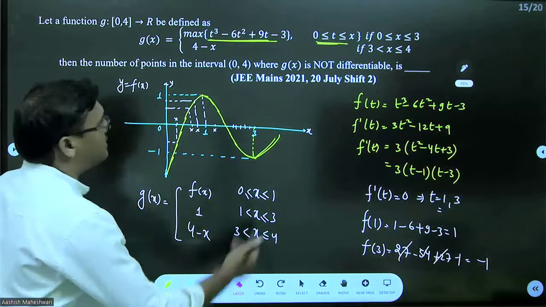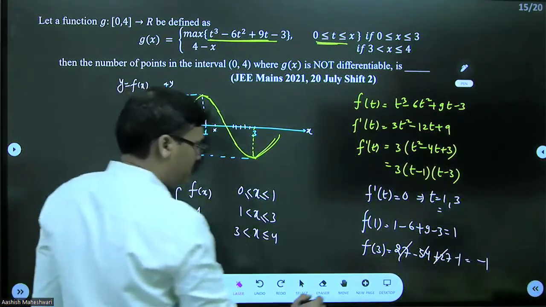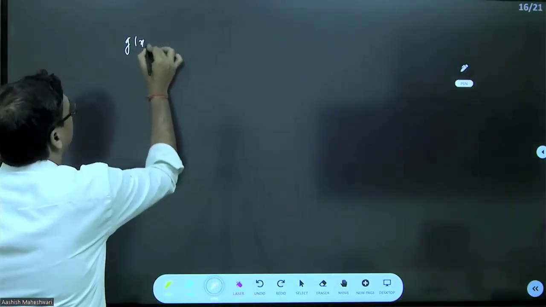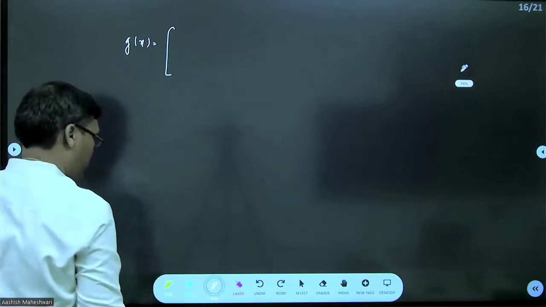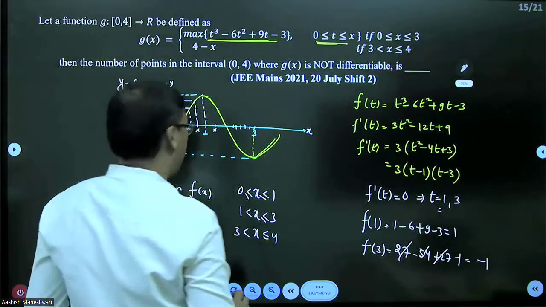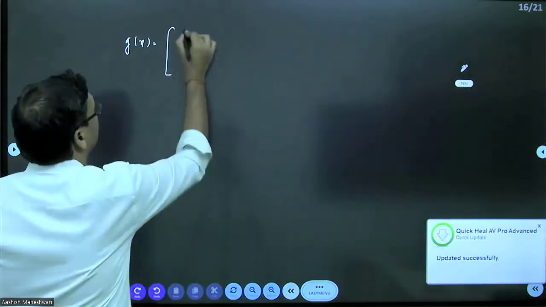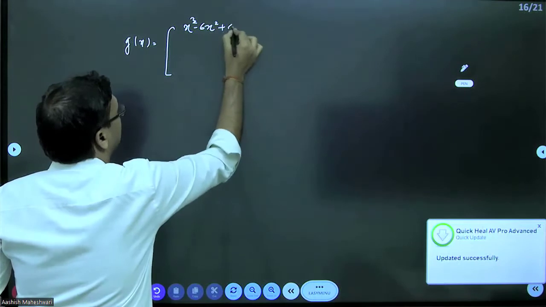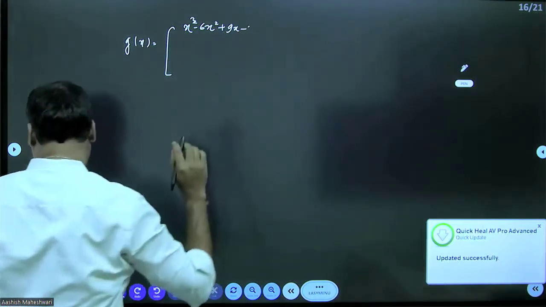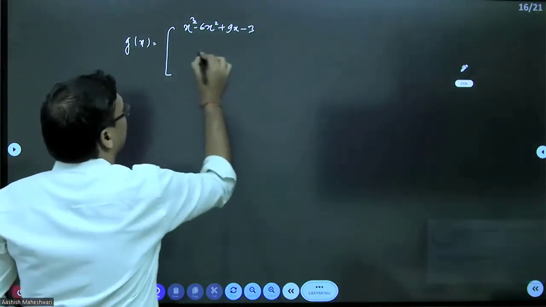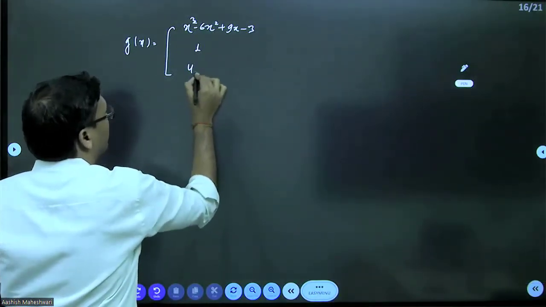So now we have to check the differentiability of this function. If I write this g(x) function, what is it? This is equal to f(x). So what is f(x) here? You can see f(x) is equal to x cube minus 6x square plus 9x minus 3, this is 1, or this is 4 minus x.